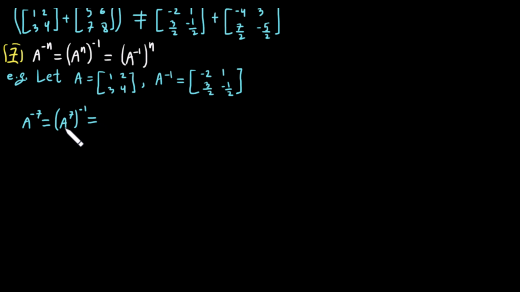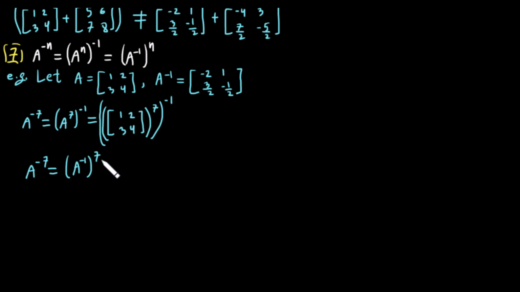So you multiply A by itself 7 times, then you take the inverse. Or you can find it as A inverse, then you take the whole thing to the power 7.